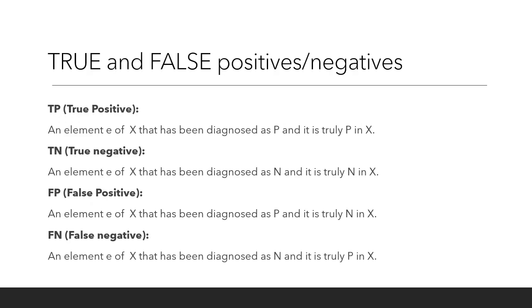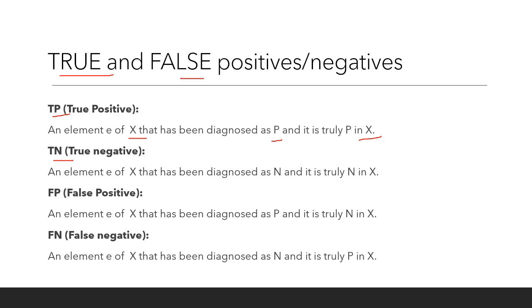In summary, we have true and false positives and negatives. True positive is an element of X that has been diagnosed as P, and it is truly P in X. So if we say the element in X is P, and it is truly P in X, we call it true positive.